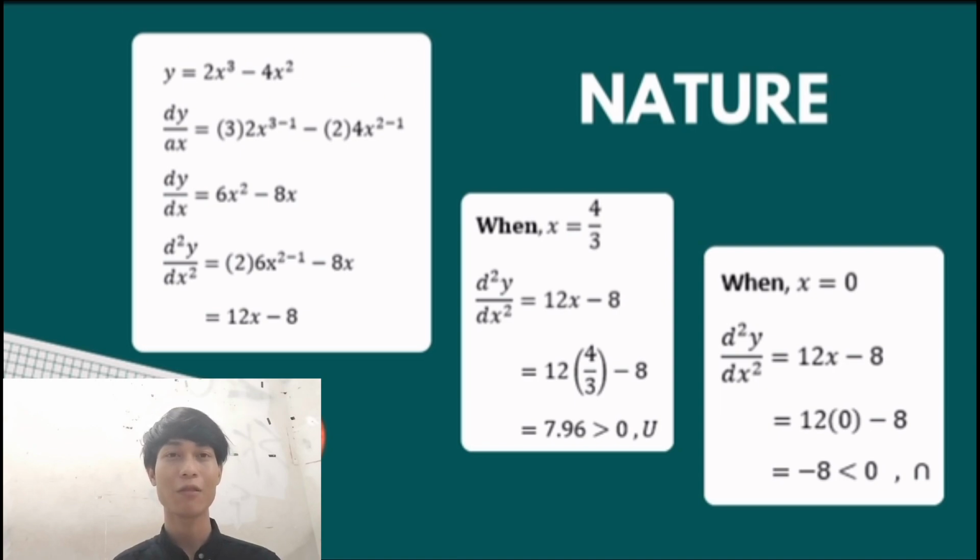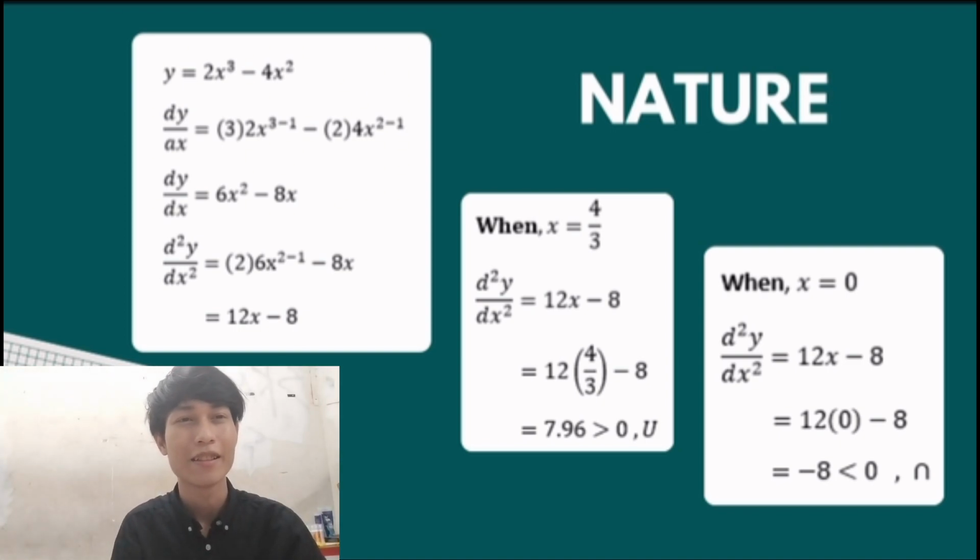For the first term, the power comes to the front, so 2 multiplied by 6x, and then 2 minus 1. For minus 8x, you don't need to change anything because x is already to the power of 1. So when we differentiate, it becomes 12x minus 8.